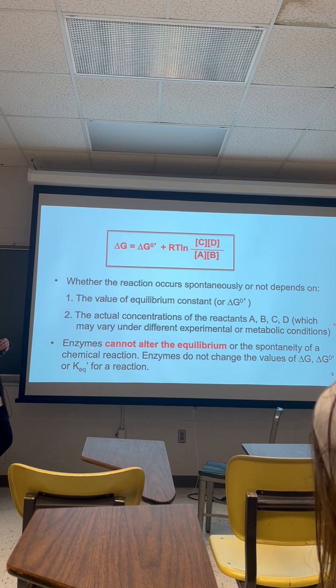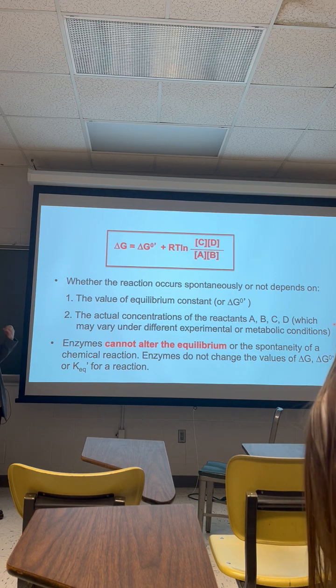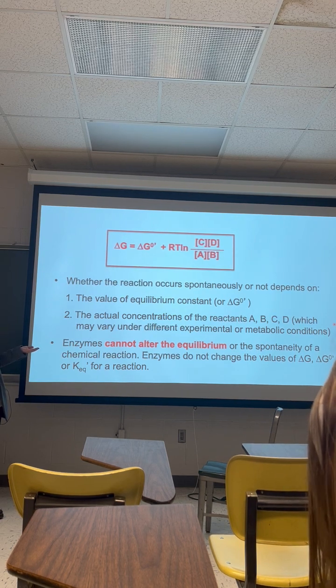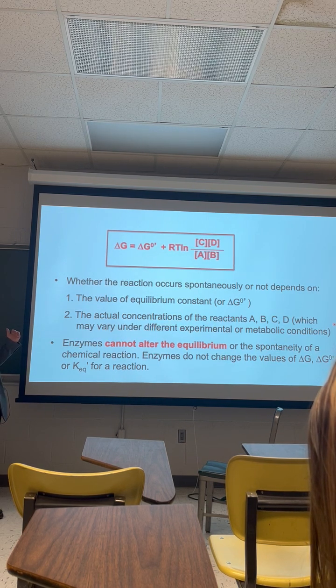Now, enzymes, and this is an absolutely key fact, cannot alter the equilibrium of the reaction. So enzymes do not make the reaction happen if delta G is greater than 0. As we said, thermodynamics dictates that if delta G is less than 0, the reaction will occur spontaneously.